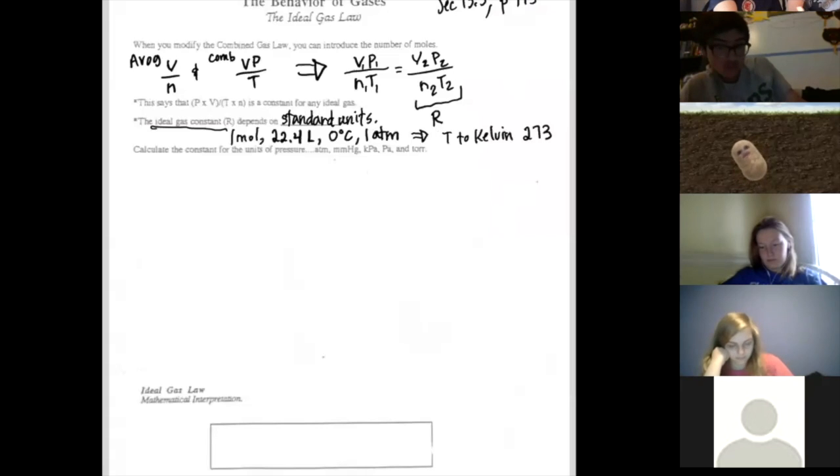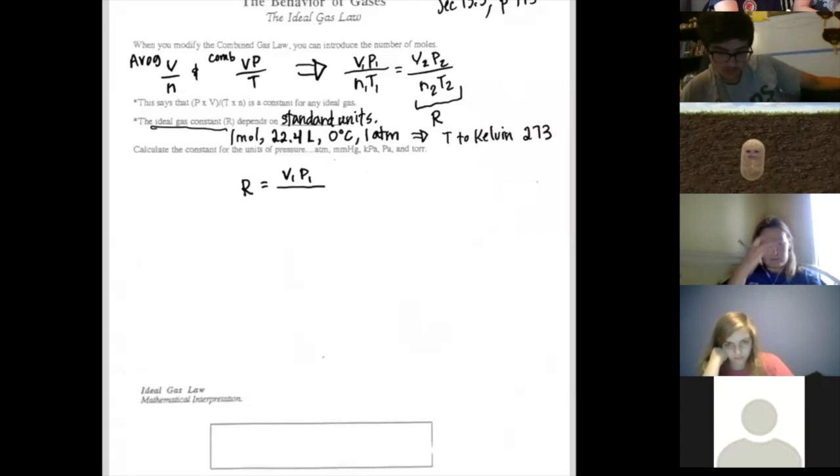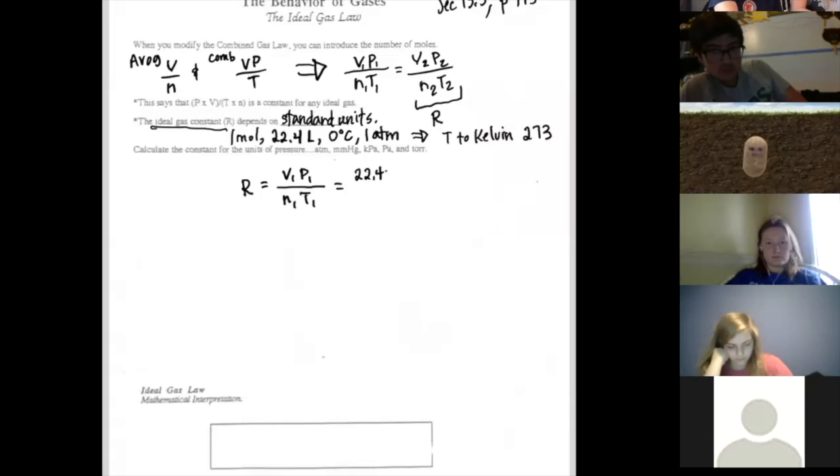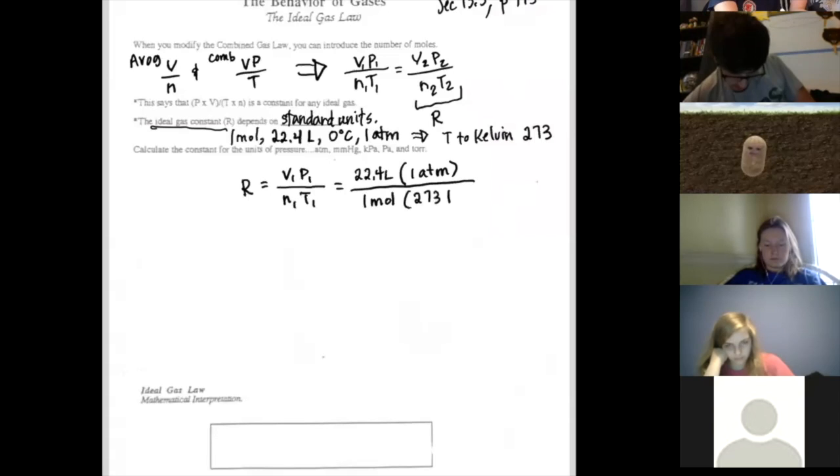So if I take these units and I set them up in my equation, I'll just rewrite it here. I have 22.4 liters, that's my volume. I have 1 atmosphere. I have 1 mole, and I have 273 degrees Kelvin.